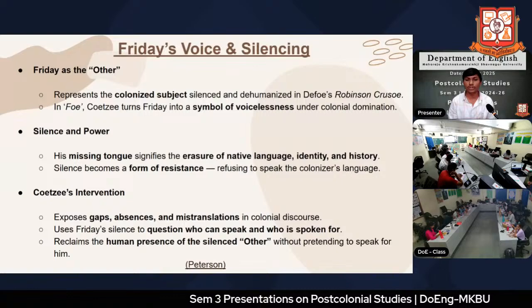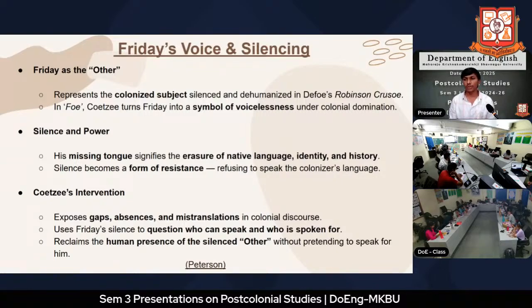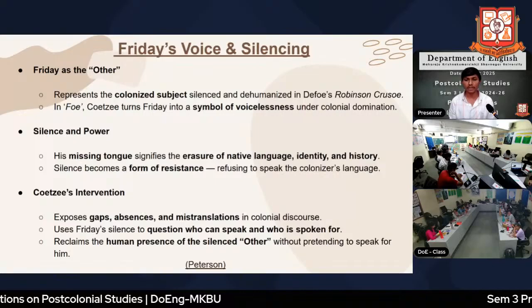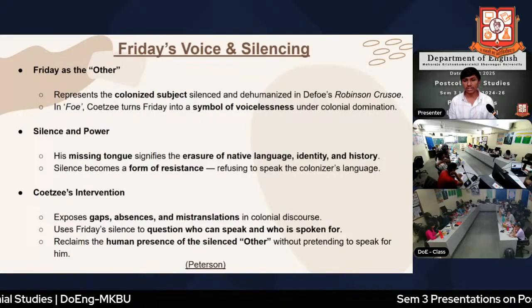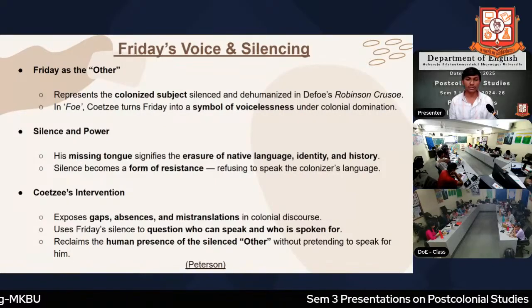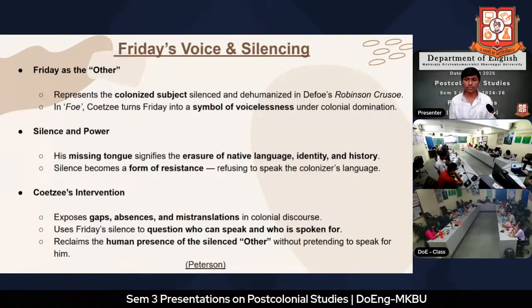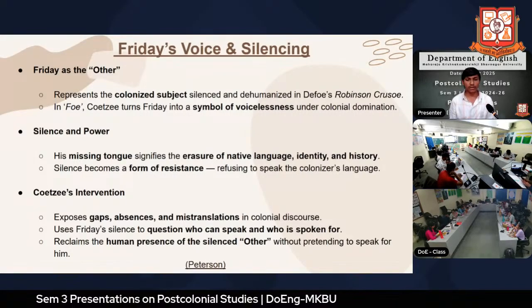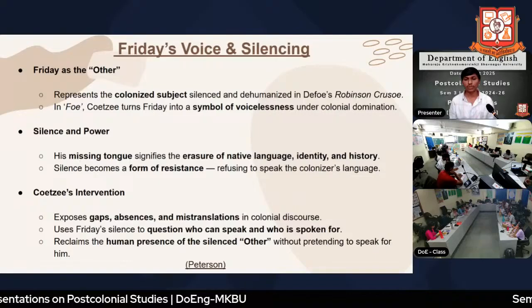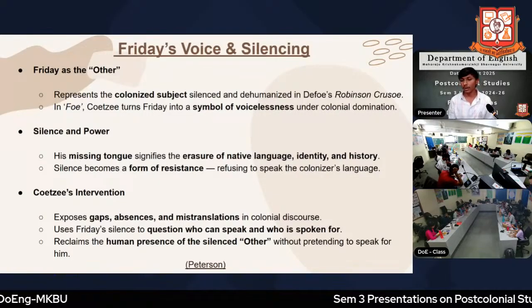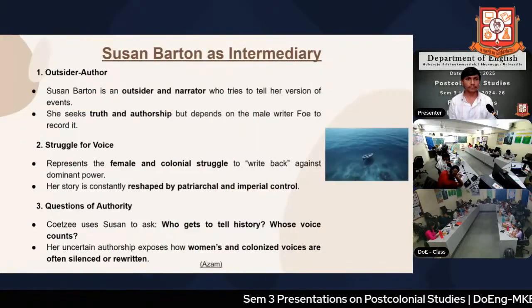Silence becomes resistance, a refusal to speak the colonizer's language. It exposes gaps, absences, and mistranslations in colonial discourses. Coetzee uses Friday's silence to question who can speak and who is spoken for, and reclaims the human presence of the silenced other without pretending to speak for him.